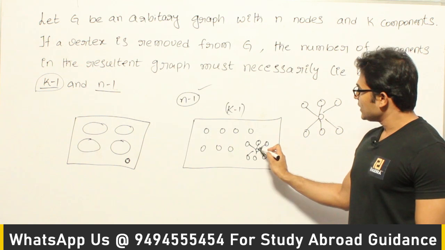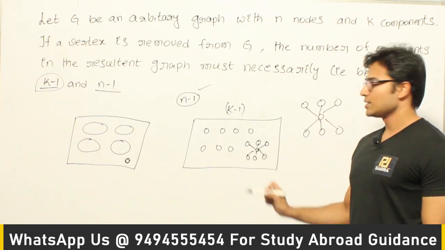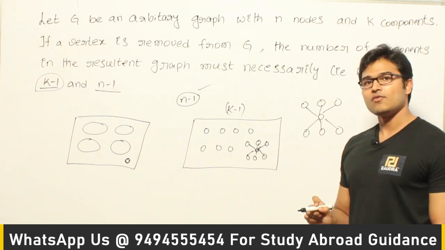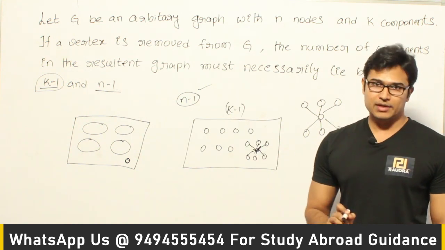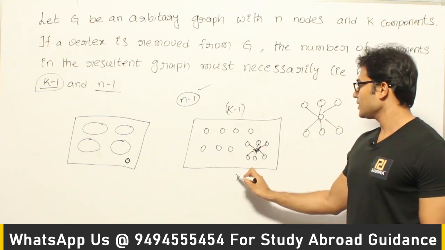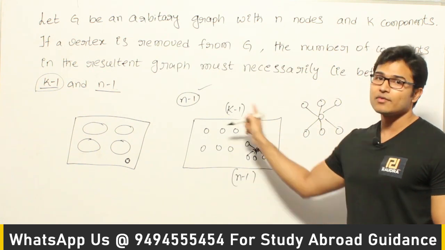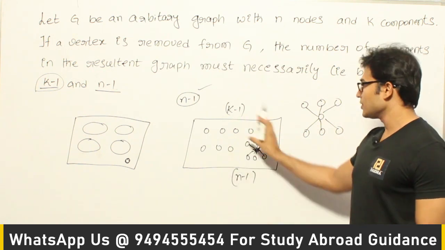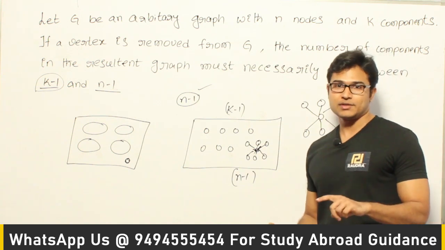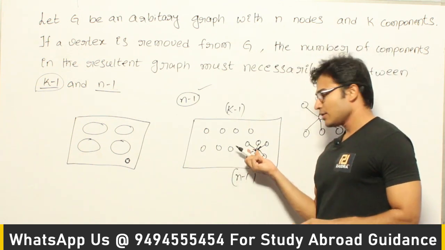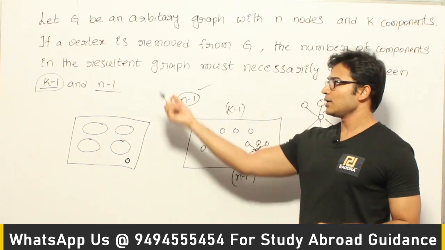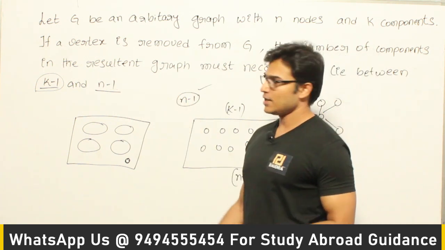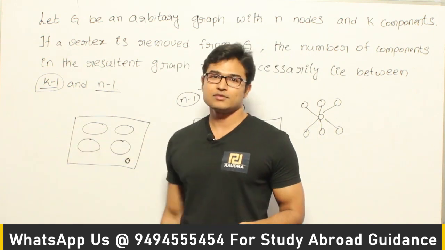Now if I delete the central vertex connecting these, then what happens? All the remaining vertices will become isolated. How many will be there? n minus 1 vertices, because initially n vertices were there. So this makes n minus 1 components. Therefore by deleting a vertex, in the worst case I might get n minus 1 components, and in the best case I might get k minus 1 components.